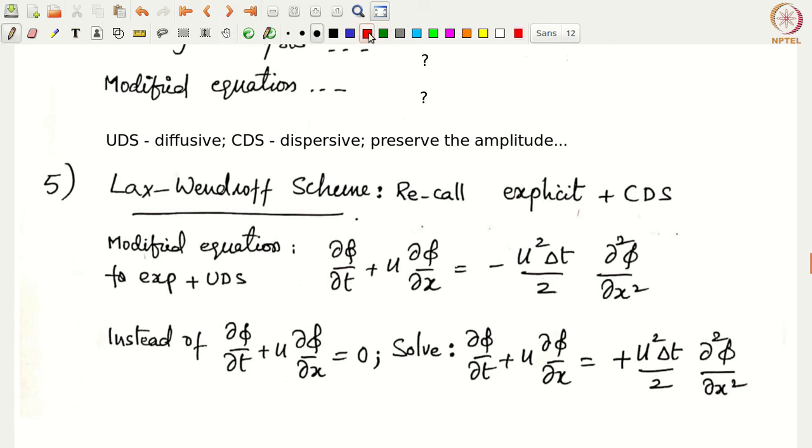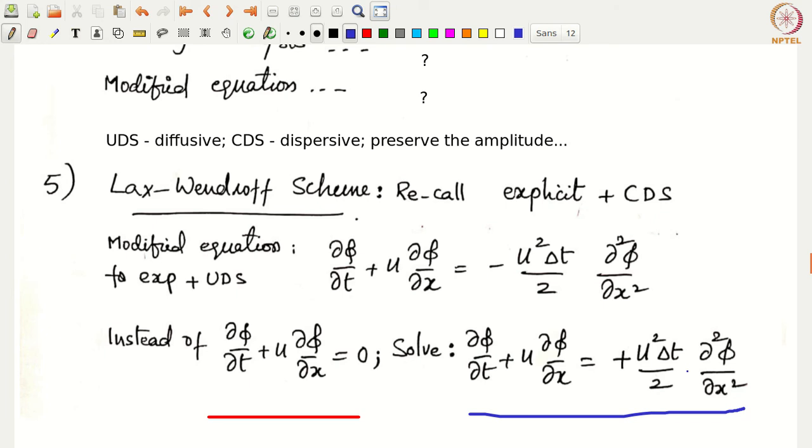So instead of solving with this, you start off with a wave equation with a diffusion-like term on the right hand side, where the diffusion coefficient is the negative of what you get in the modified equation. That means it's a positive u square delta t by 2 times partial square phi by partial x square.